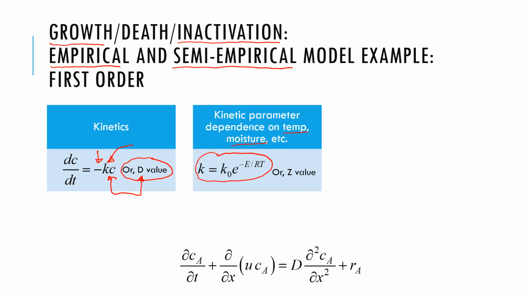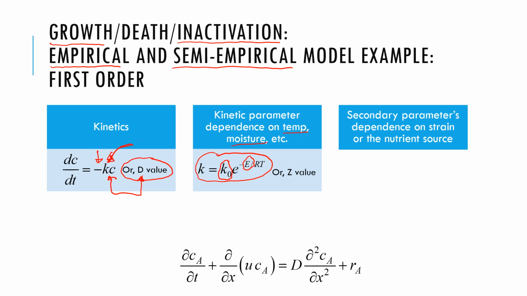That is equivalent, or can be equivalent, to this Arrhenius kinetics under some conditions. So we have the rate constant K here, and its temperature dependency is given by this K0 and the activation energy. Finally, these parameters like K0 or E can also depend on the bacterial strain or the nutrient source, and that is yet another level of information that we may need.